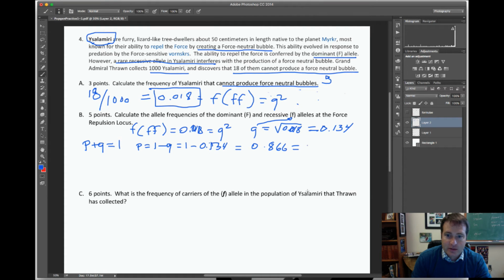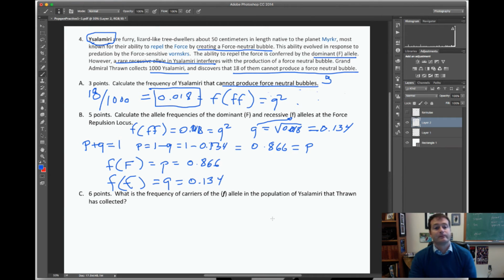0.866 equals p. Okay? That really is sufficient for you to get 5 points, but if you want to be really thorough, the frequency of the F allele is equal to p is equal to 0.866. The frequency of the little f allele is equal to q, which is equal to 0.134. 5 points.